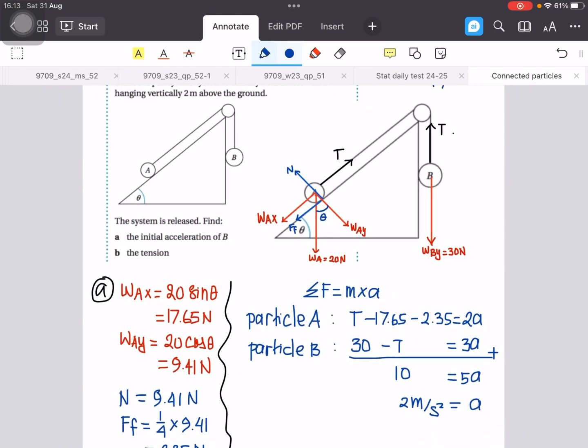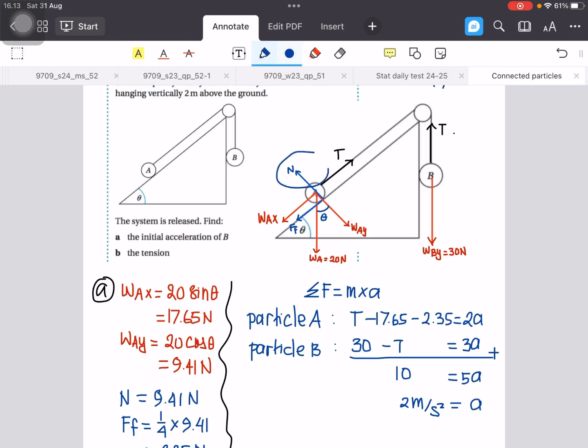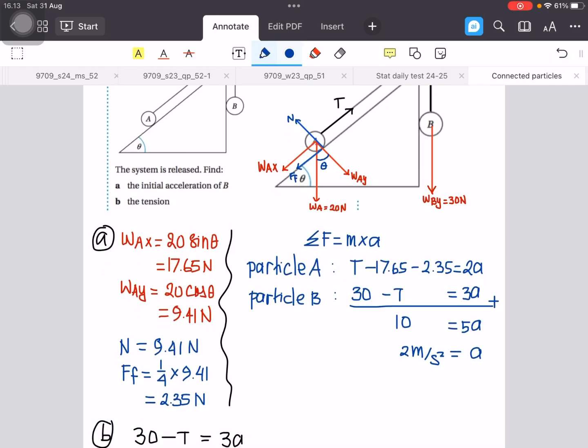And then there is also normal contact force on particle A. We need the normal contact force, which is the same as WAY, to find the friction force. The friction force between particle A and the plane is 2.35 newtons.